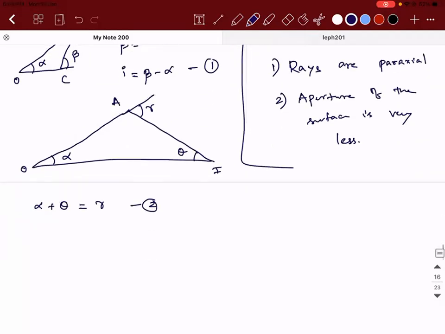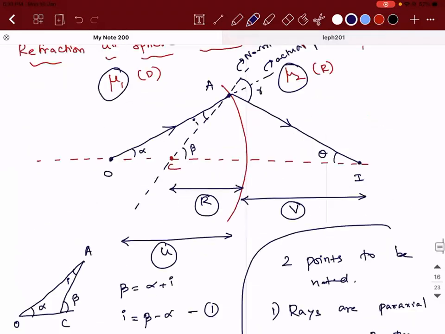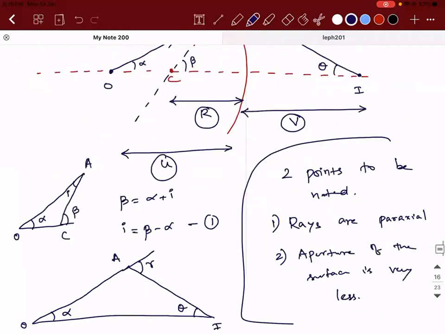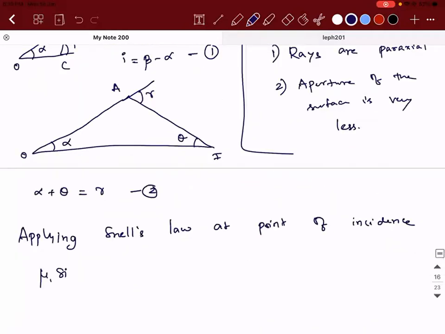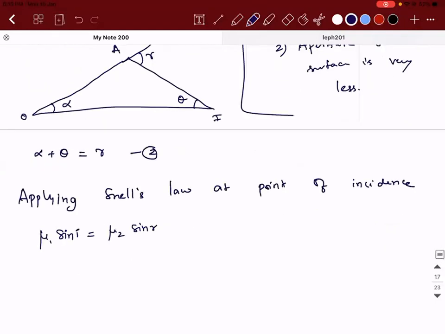Now, applying Snell's law at the point of incidence, I get mu1 into sin I is equal to mu2 into sin R. I can write mu1 into I is equal to mu2 into R, since the angles are small.